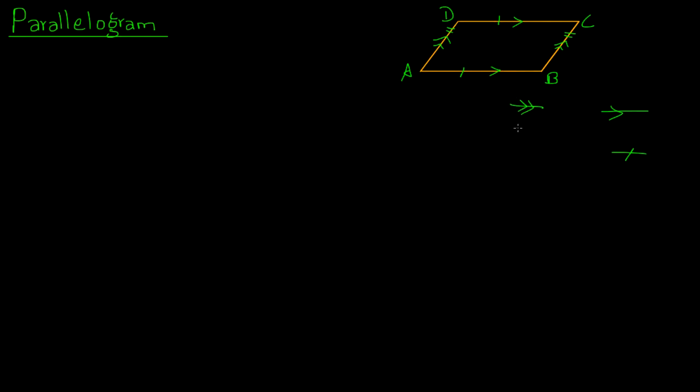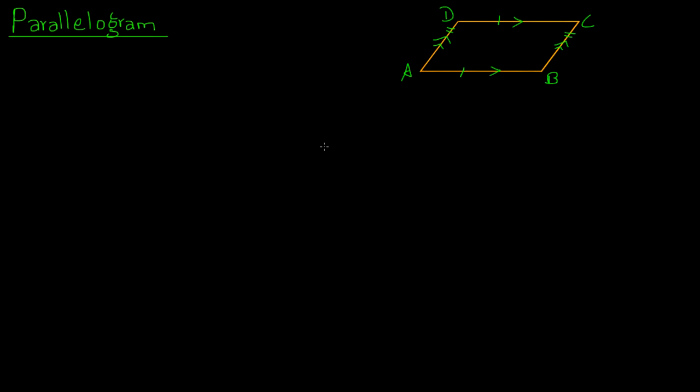So double arrow, and also to denote that BC is equal to AD, we use a double cut. Okay, so that's the basics. Let me get rid of this. That is a parallelogram. There are many more properties of a parallelogram, but for this video this much will be enough to cover.